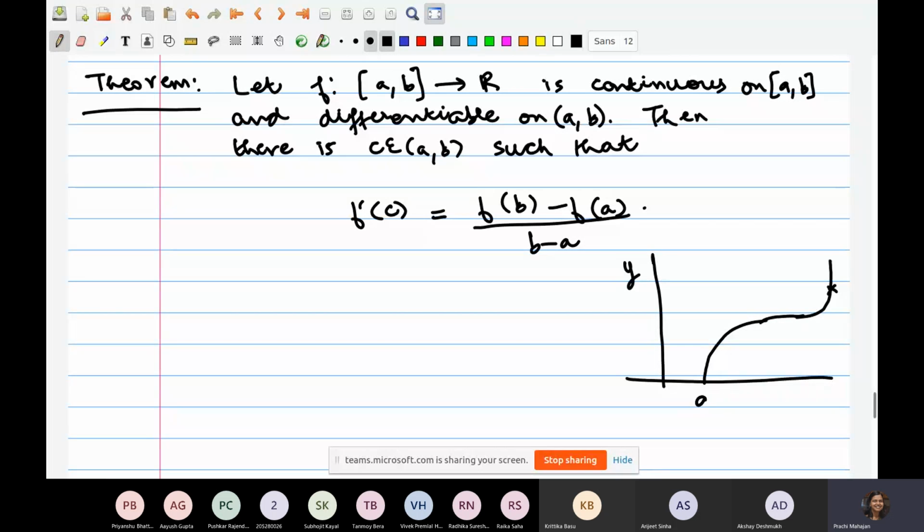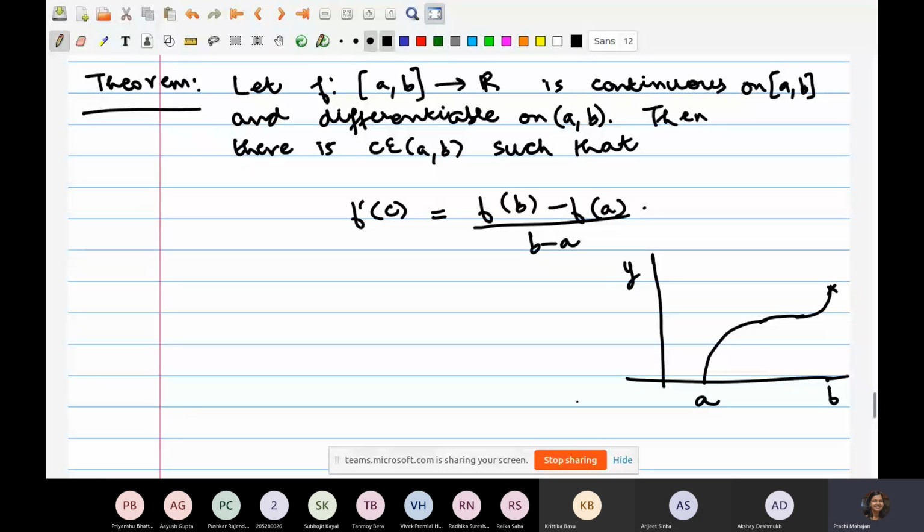So this is a, and suppose this is the point b. So f of a in this picture is 0 and f of b is some positive value, right?